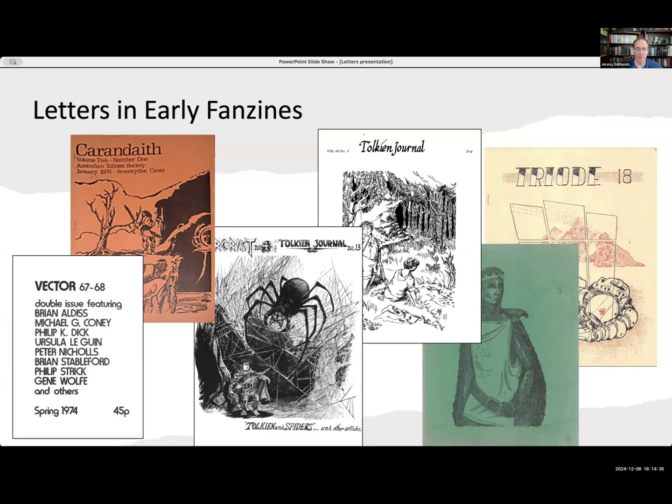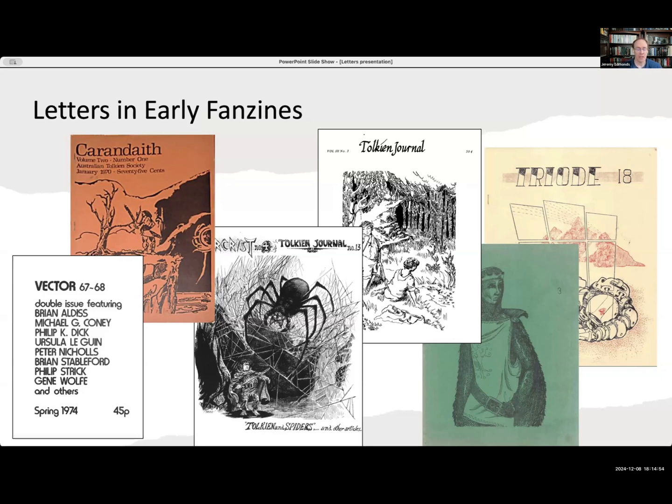It was a brief letter, but from there, the I Palantir in '64. Tolkien Journal is an excellent source of letter information. I've put one sample up here, which is the 9th issue, volume 3, number 3.